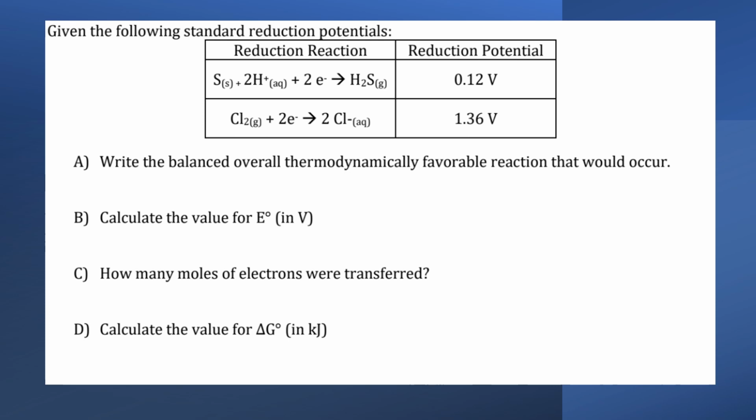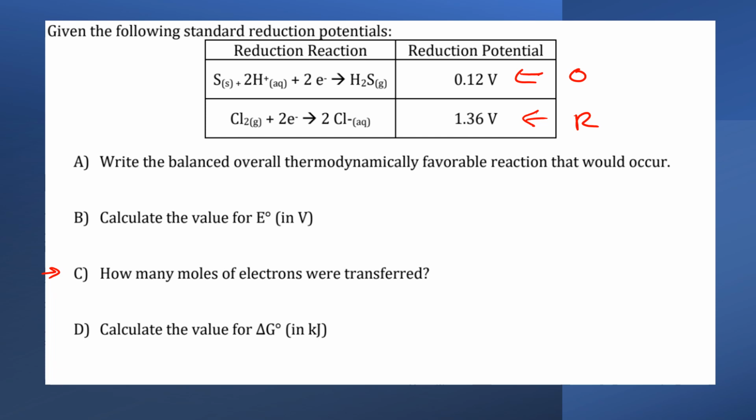So we look at our reactions, and we see that this has the higher reduction potential, so this is going to be reduced and the other one will be oxidized. The one being reduced you can keep the way it is; the oxidized one you need to flip. And we can see that in both of them 2 electrons are going to be transferred.